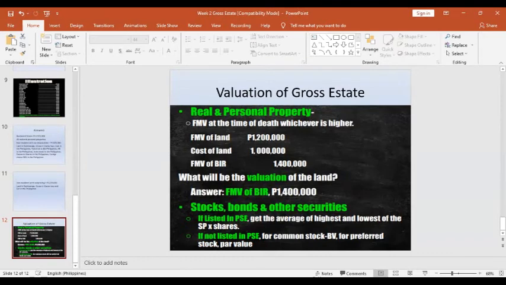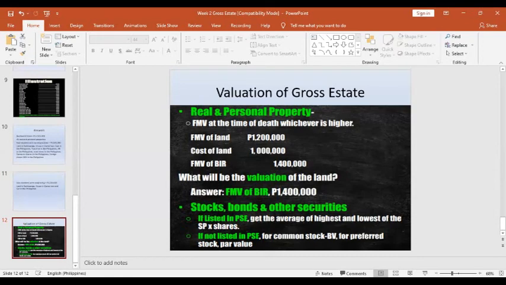Example, the fair market value of the land is 1.2 million at the time of the death, and the cost of land is 1 million, and the fair market value per BIR is 1.4. So what will be the valuation of the land? Of course, the fair market value whichever is higher at the time of the death, so that is the fair market value per BIR, which is 1.4 million, because it is higher than the fair market value of the land of the decedent at the time of his death.